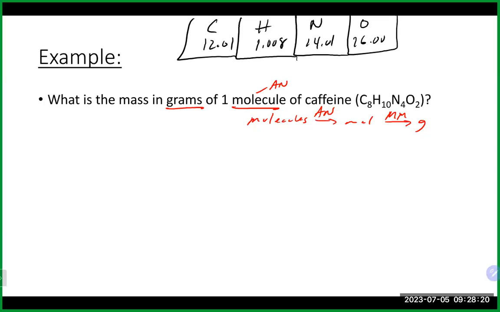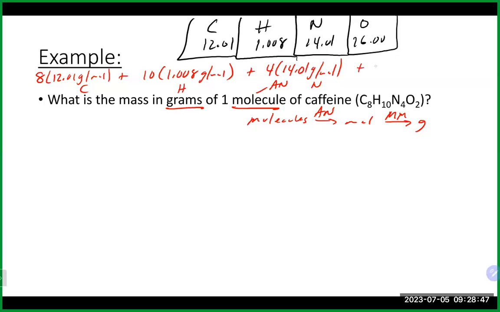So we do need a molar mass at some point, so might as well calculate it up front. That is 8 carbons, it looks like. So we got 8 times 12.01, which is the molar mass of carbon, plus 10 times 1.008, which is our molar mass of our hydrogens, plus 4 times 14.01, which is our nitrogens, and I got a couple of oxygens in this case, so 2 times 16 for our oxygens.